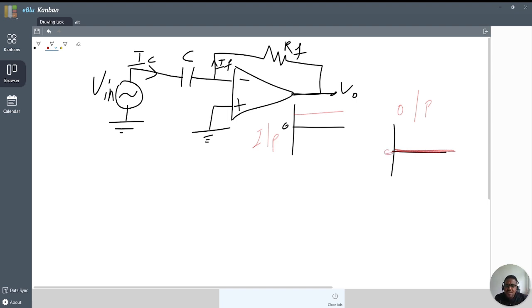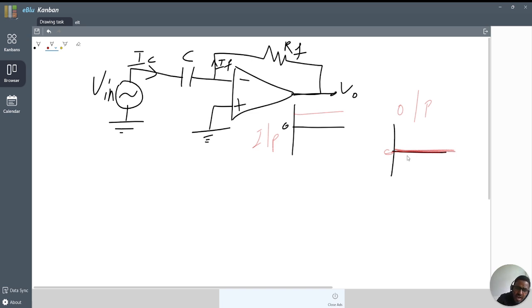Why? Because the signal is not changing with time at all. Our DC source has no frequency. So our output in the op-amp becomes 0 because the signal is not changing with time.